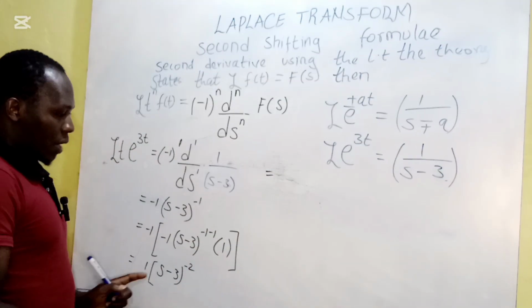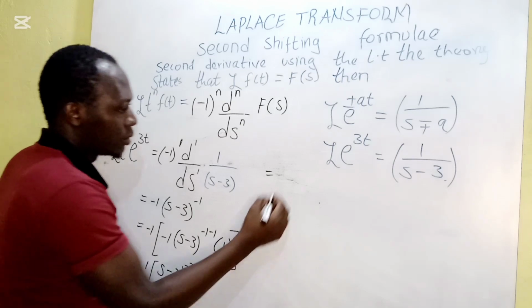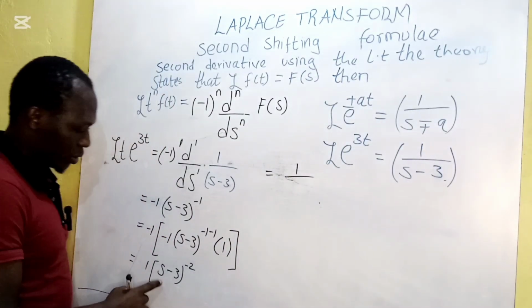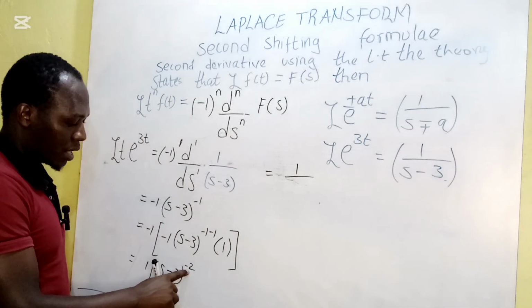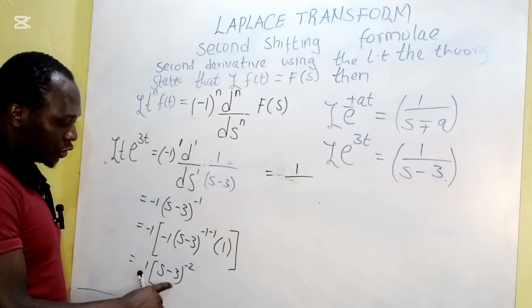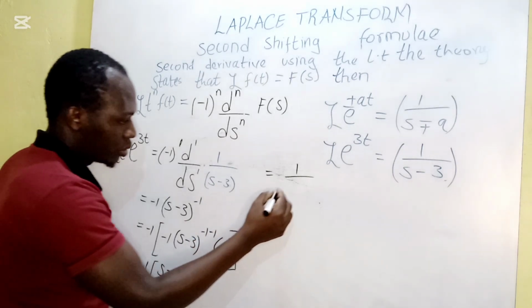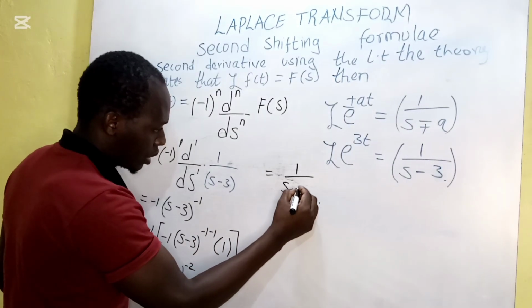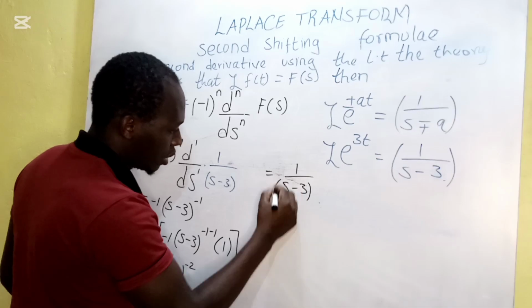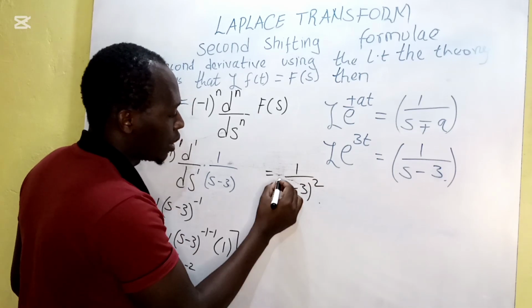And finally, for our answer we are going to have 1 over, because when it is raised to a negative power, s minus 3, everything now squared.